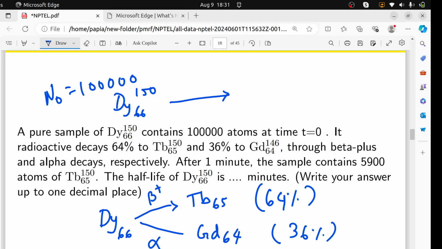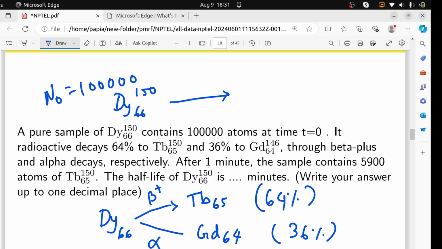What does this mean? This means that, let's say I have 100 Dy samples. Among these, 64 Dy will convert to Tb and 36 Dy will convert to Gd. Okay, it's very simple. I mean, this is the pictorial expression for this sentence.